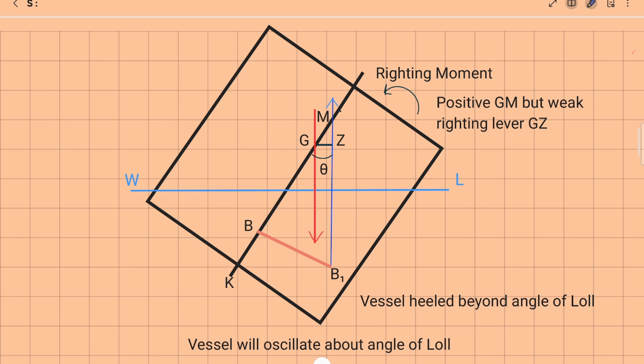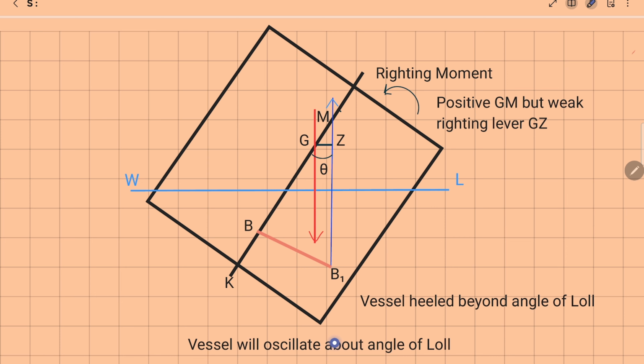If this vessel heels further, suppose the wind force increases and the vessel heels beyond the angle of Loll, then it has been seen that the vessel will have a small positive GM. That means she will have a righting lever, and this righting lever will try to bring her back to the angle of Loll. And if the heel reduces to less than the angle of Loll, again the capsizing lever will develop and she will come back to the angle of Loll.